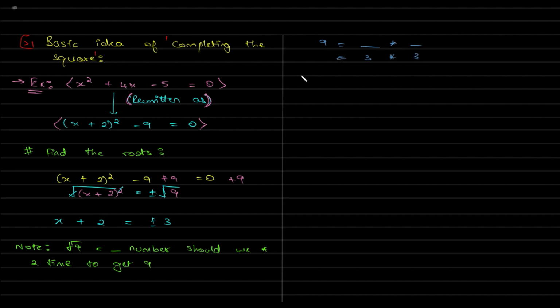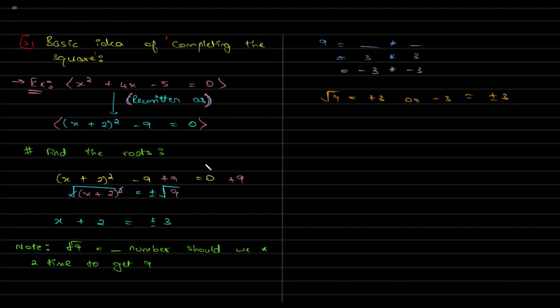Right, this gives me 9. And also, can I think of it as minus 3 into minus 3? This also gives me 9, is it not? So in the end, I can write root of 9 as plus 3, if not minus 3, which can also be represented as plus or minus 3.